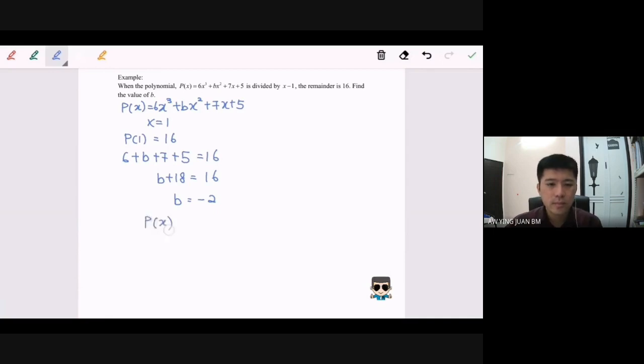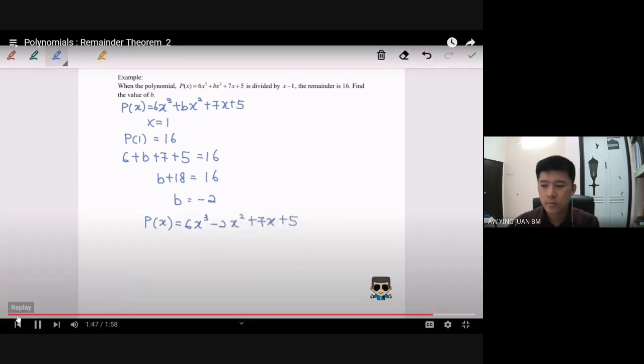So finally, my polynomial will be 6x cubed minus 2x squared plus 7x plus 5. So ini adalah cadangan saya. Faham? Walaupun soalan tak minta, tulis dalam bentuk macam ni. Faham? So harap catat dalam you punya notes tu, ini highlight dia.